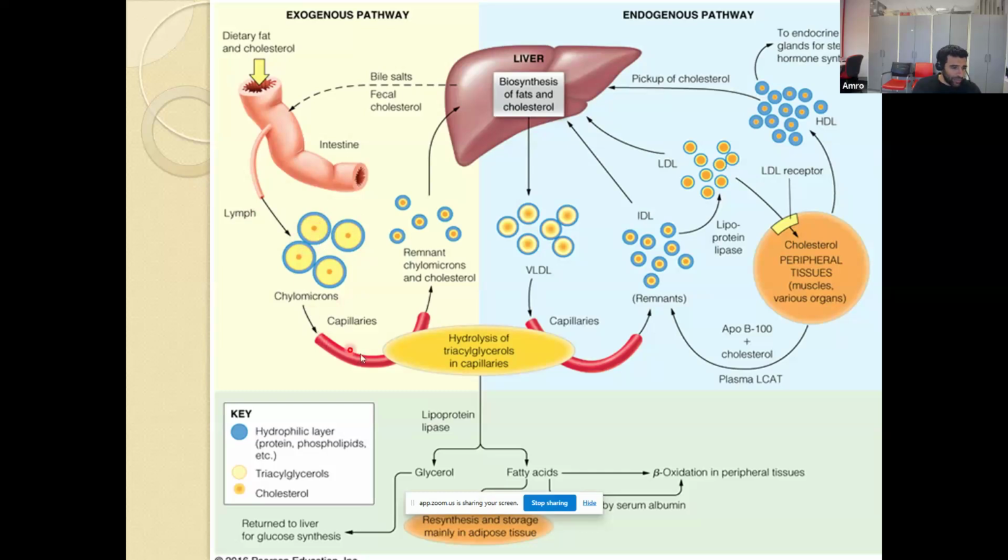They take it round to the adipose tissue predominantly, or the skeletal muscle, and go into the capillaries of these tissues, and then an enzyme called lipoprotein lipase breaks this down again, or hydrolyzes them, and takes the free fatty acid and glycerol into the cell of the tissue, so into the adipose tissue or the skeletal muscle.